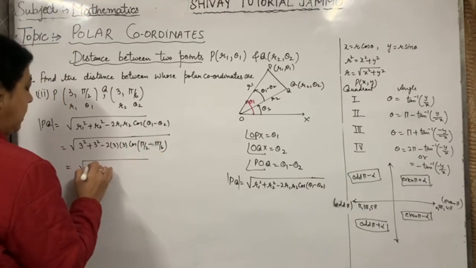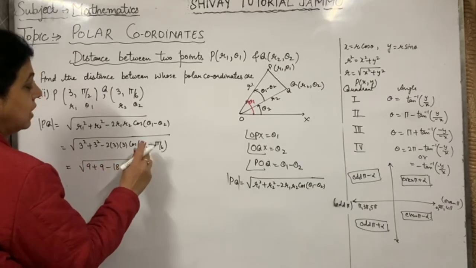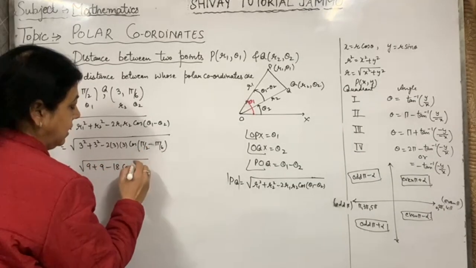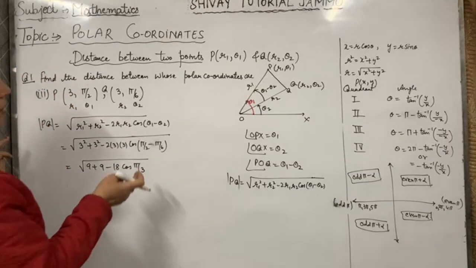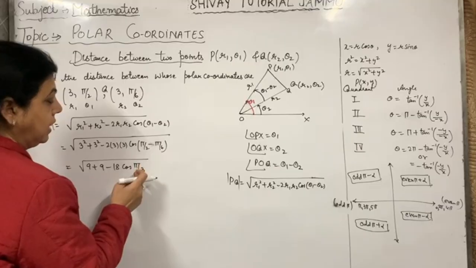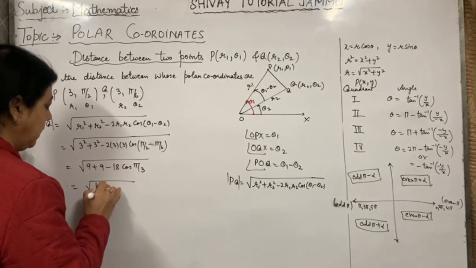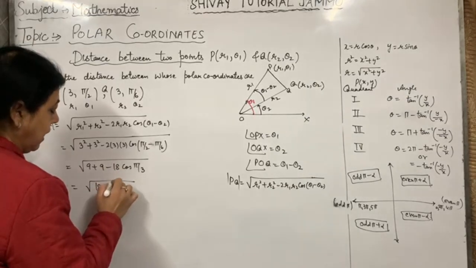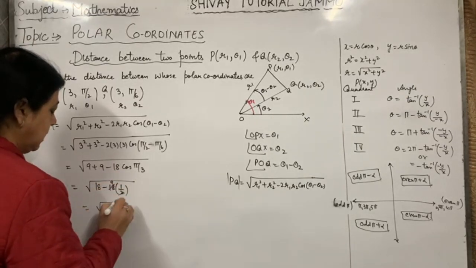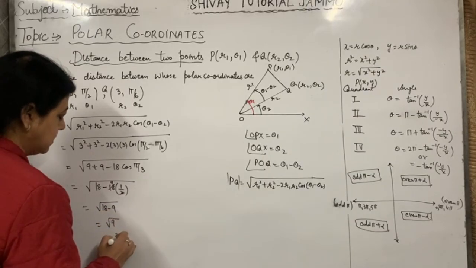This is 9 plus 9, 6 3s are 18 cos 90 degree minus 30 degree is 60 degree, pi by 3. Or you take the LCM, this will be 3 pi minus pi, 2 pi by 6, pi by 3. 18 minus 18, what is cos? This is 1 by 2. I will cancel this. This will be 18 minus 9, root 9, and this is 3.